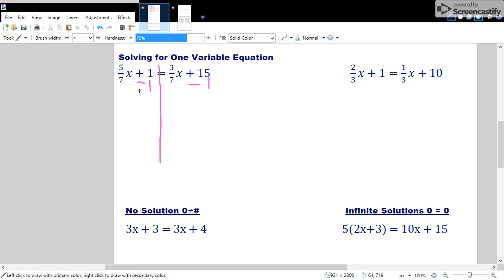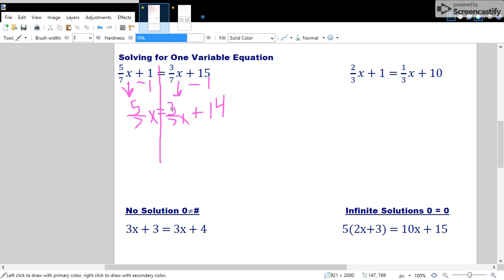So to get rid of this plus 1, let's do minus 1 on both sides of your equal sign. You could draw a line down the middle to help you keep track of which side is which. Well, 1 minus 1 is 0. And then you carry down the 5 over 7x. Carry down the 3/7 x. And then 15 minus 1 is a plus 14. Okay, now we want to bring our x's to the other side, to the left side.